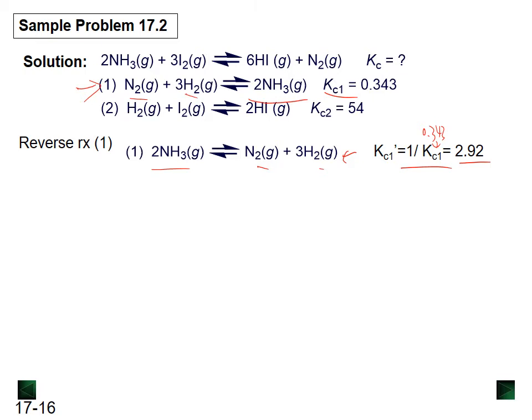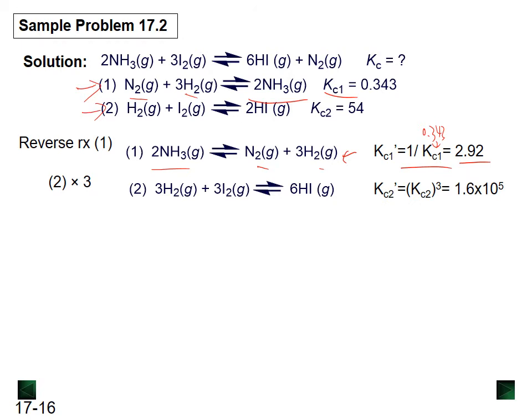Second, remember, we need to multiply by a common number 3 on both sides. And by doing that, for the new equilibrium constant you need to raise this one to the 3rd power, and that gives you 1.6 times 10 to the 5th power for the new reaction.